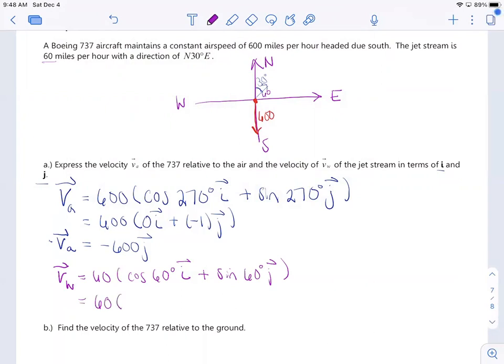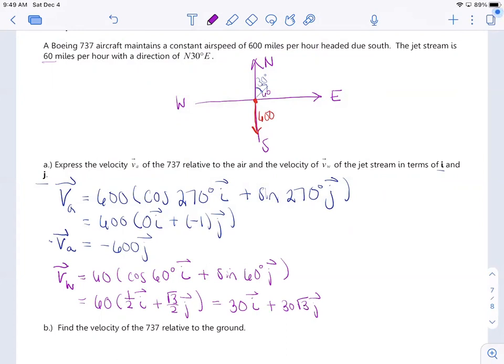Well, cosine of 60 degrees is 1/2, and sine of 60 degrees is √3/2. Distribute that 60 and I get 30i plus 30√3j. I'm definitely going to leave it as a radical so I do not have any round off errors. That is one of the biggest problems with these, so don't round until the very, very end.